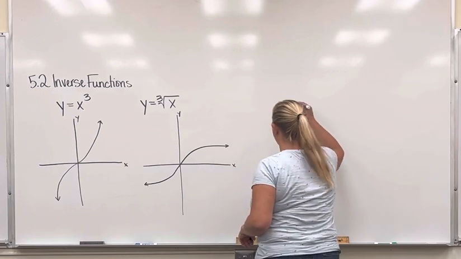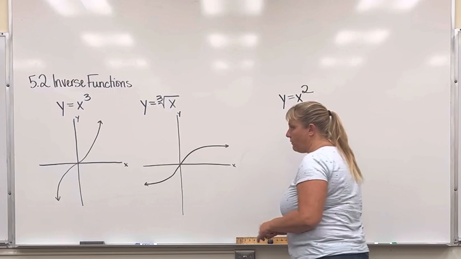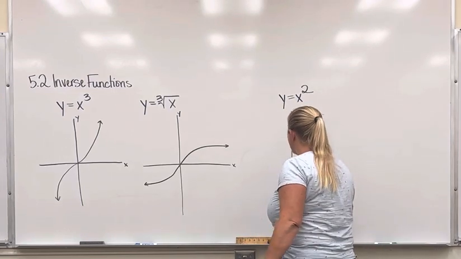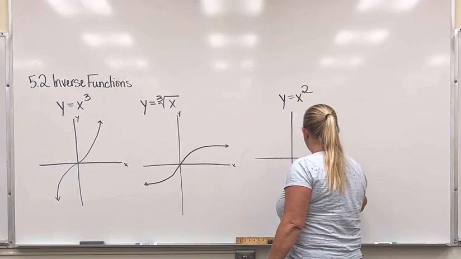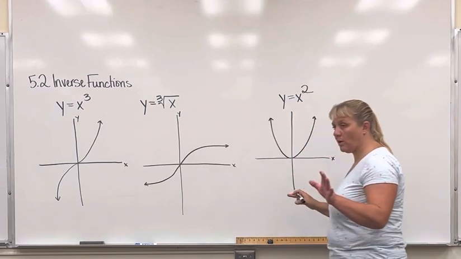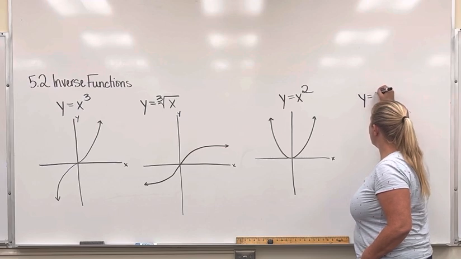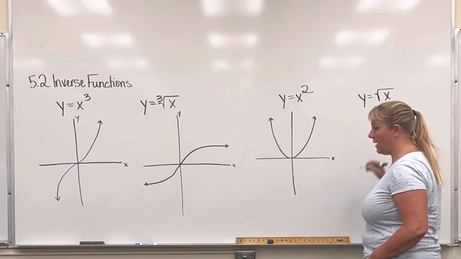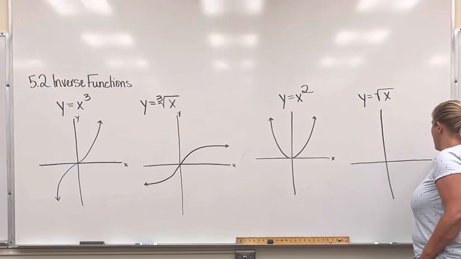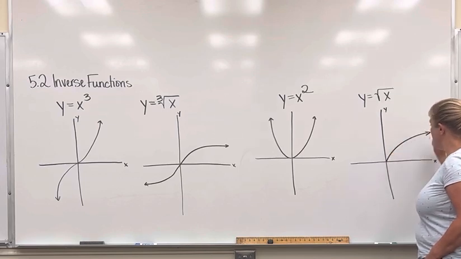The other example that we have is with probably our most common base graph all around, and that is x squared. And so x squared is just our basic parabola, our wonderful, beautiful parabola. And then the other graph we're going to put up here is the square root of x. But the square root of x looks a little bit different. The square root of x looks like that.